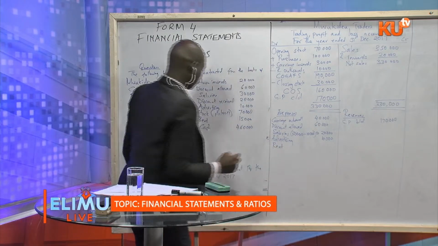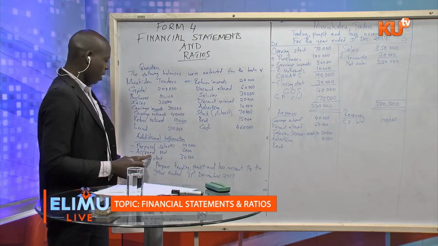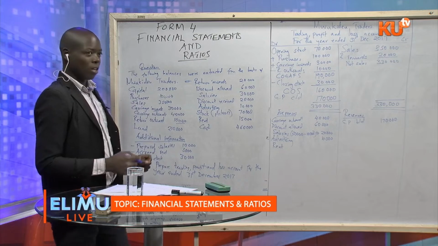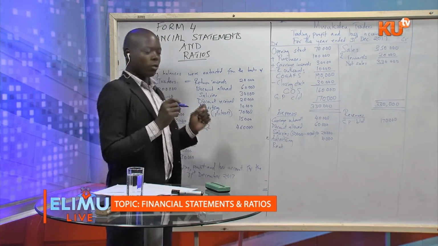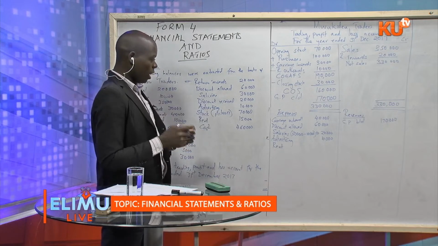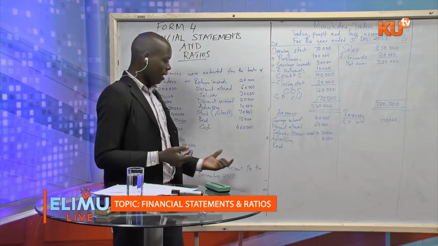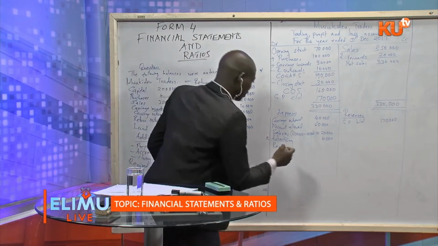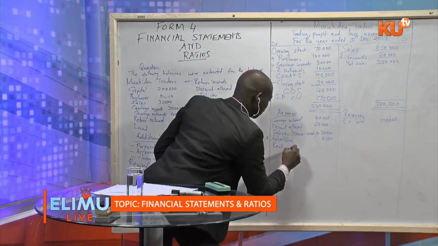With rent. Rent is also adjusted because we have accrued rent of 5,000. We said when you see accrued or due or outstanding, it means the same. So when you have such kind of case, you make the adjustment by adding to get the figure to record in the profit and loss account. So we'll take our entry here, which is 15,000.